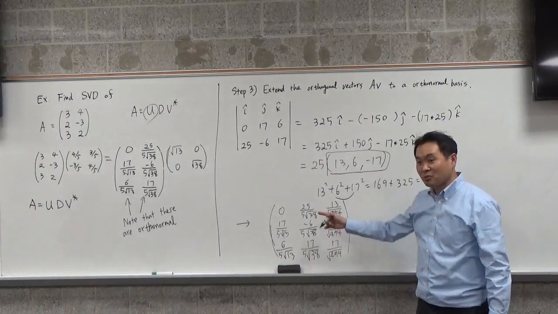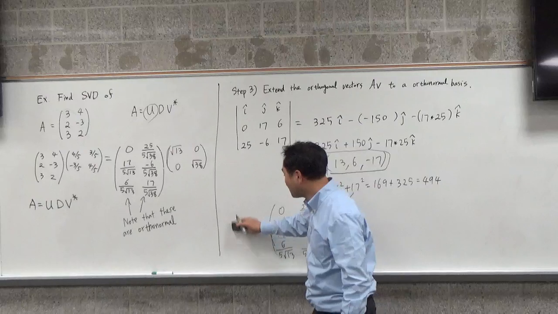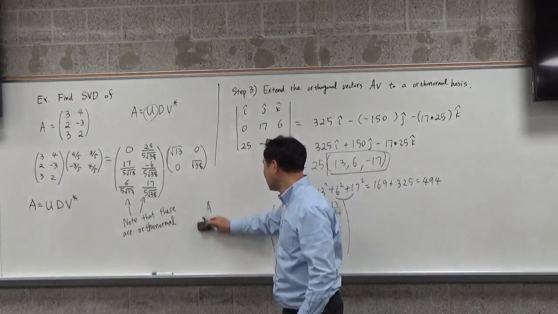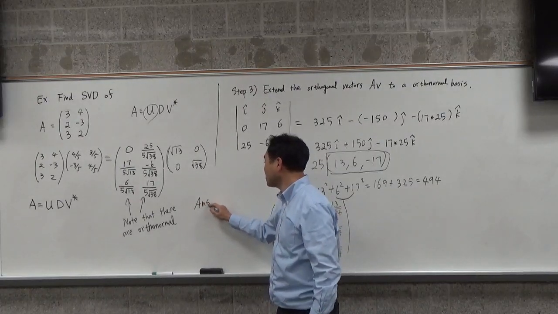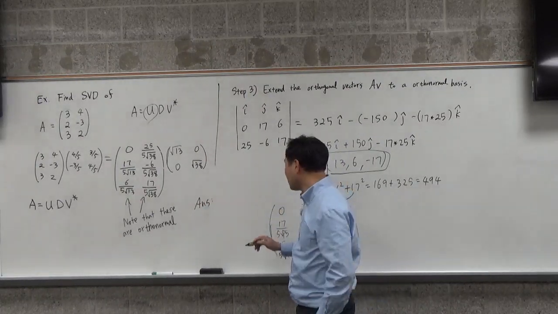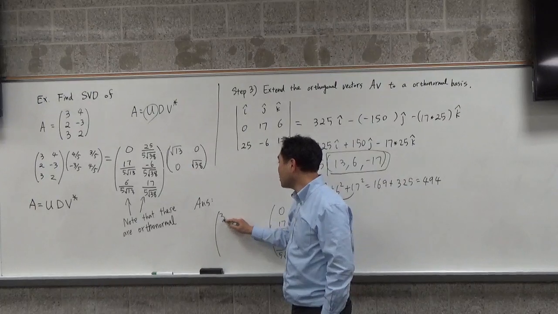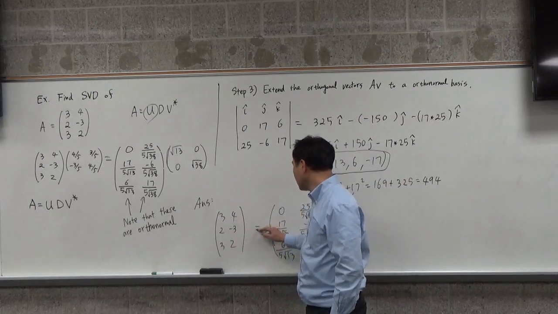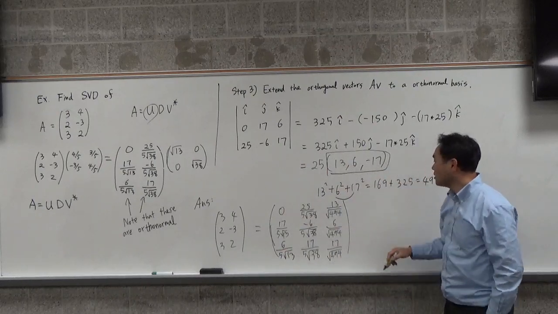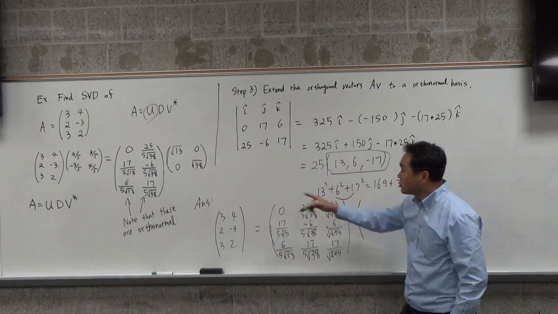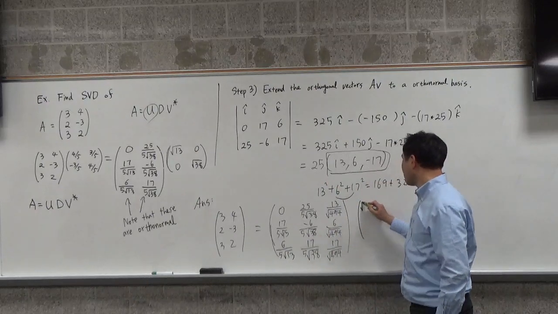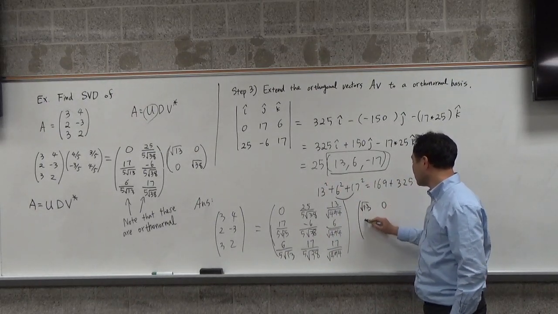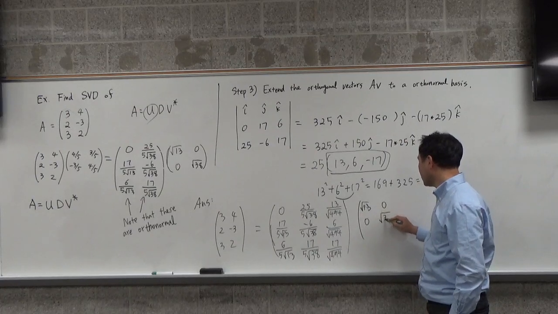Since I don't want to write this twice, forgive me for just reusing this, but the final answer, the singular value decomposition of 3, 4, 2, negative 3, 3, 2, is going to be this one times this thing in the middle, square root of 13, 0, 0, square root of 38.